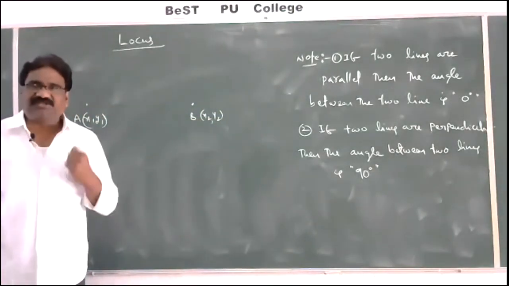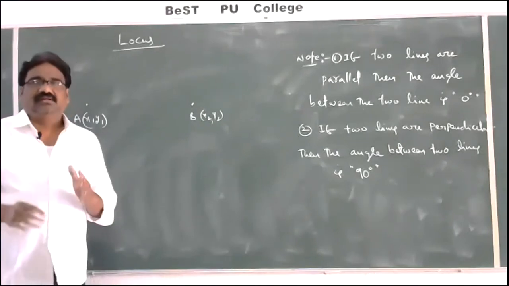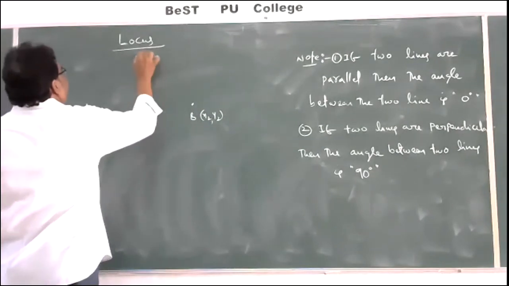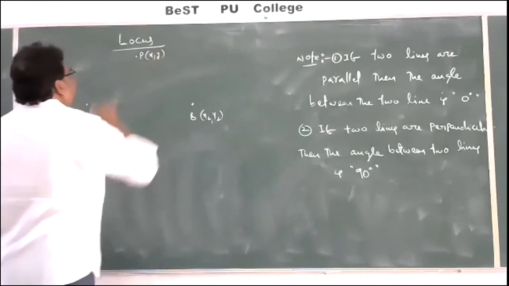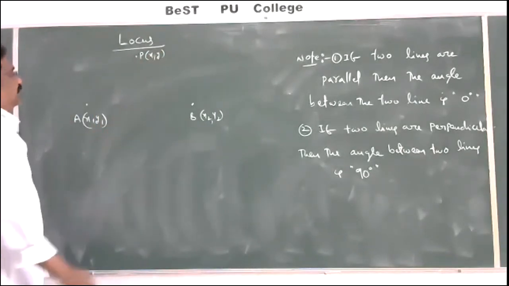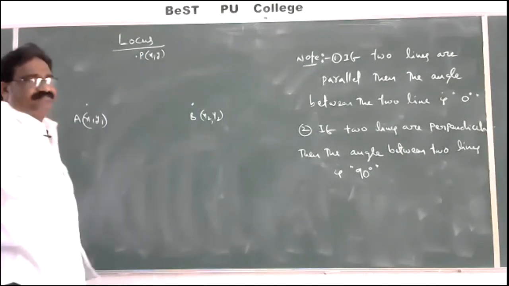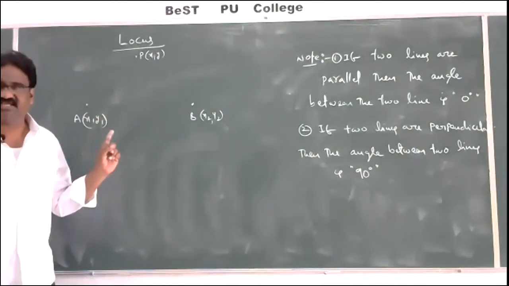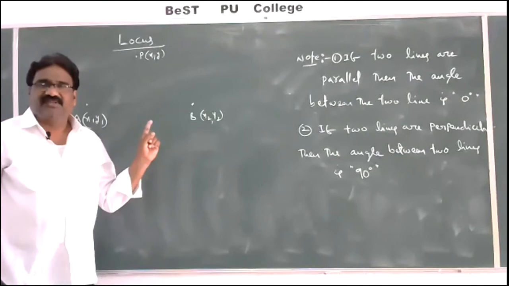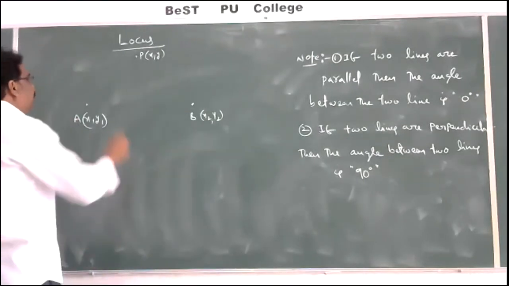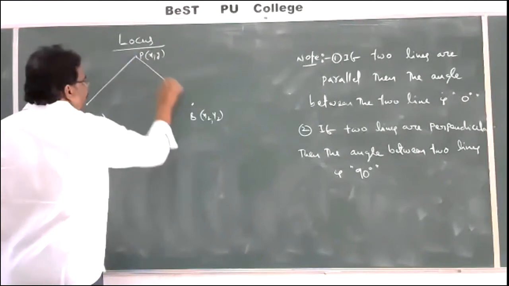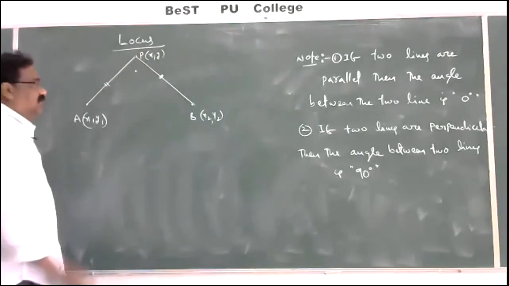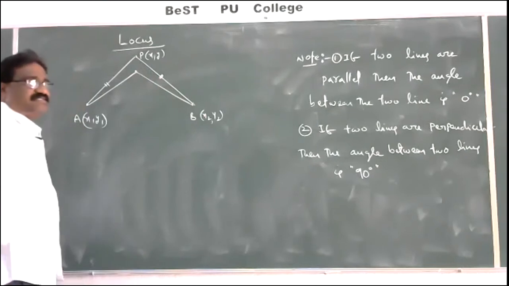I give a condition: a point P, the general point (x, y), is moving equidistant from A and B. That is, the same distance from A and from B. And this point is moving here, measuring the same distance from A and B.